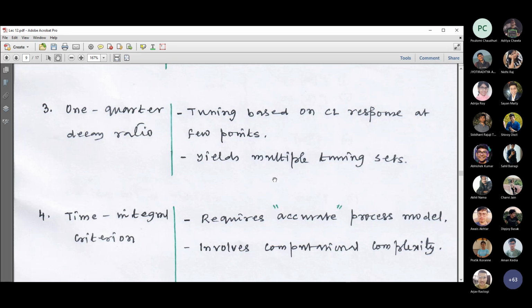The performance of the closed loop response depends on how accurate a model you use in time integral performance criteria for finding tuning parameters. Since a model is involved, computational complexity is there.